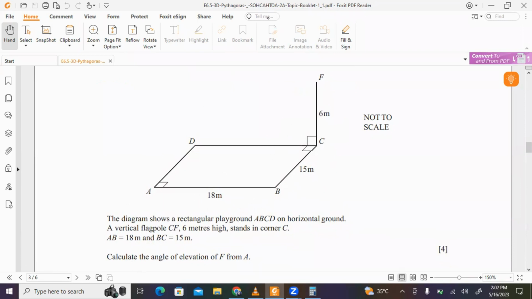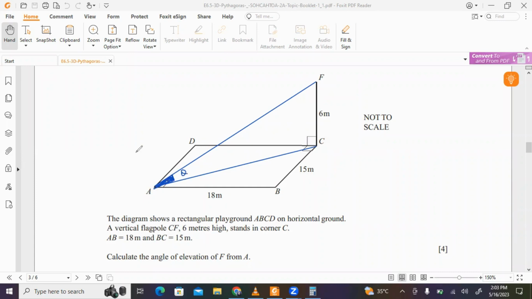Calculate the angle of elevation of F from A, which is basically connecting these 2 points. Now we have a right angle triangle because this FC is vertical, and this is the angle they're talking about. This is what you need to find.